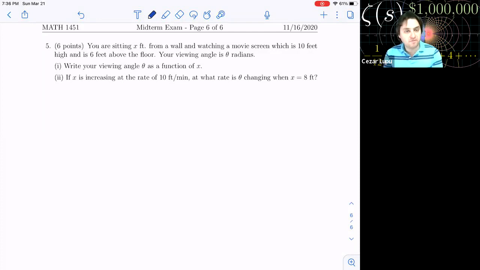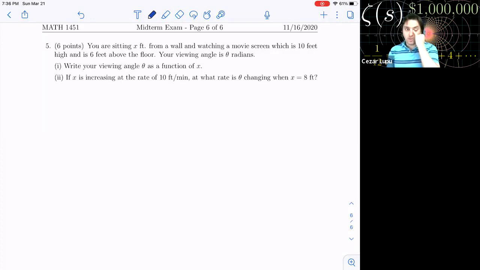You are asked to do the following. The first thing is to write your viewing angle theta as a function of x. The second question is, if x is increasing at the rate of 10 feet per minute, at what rate is theta changing when x is 8 feet?